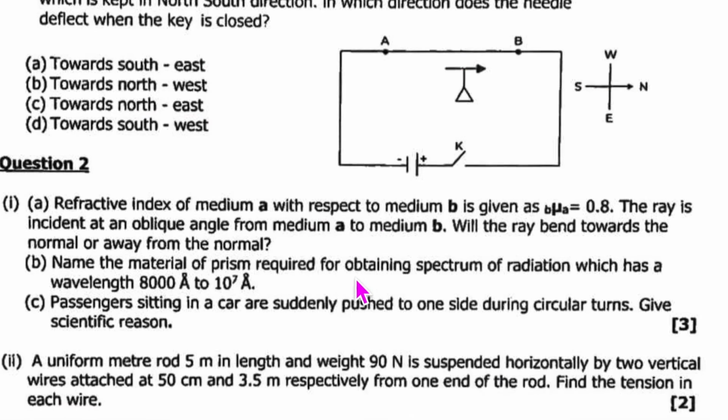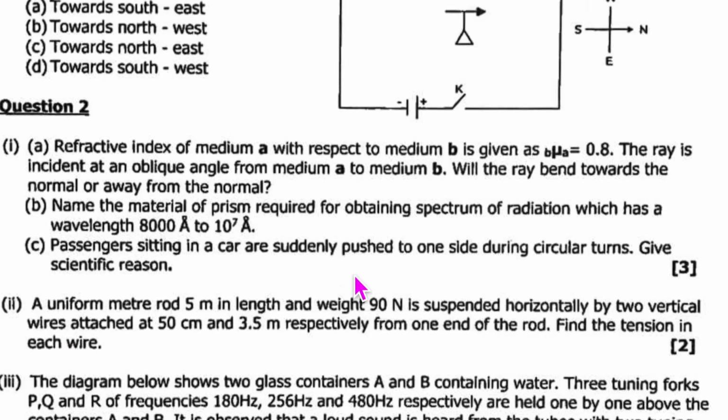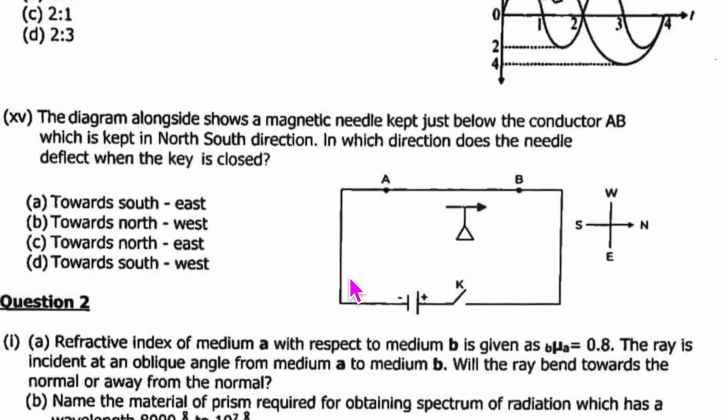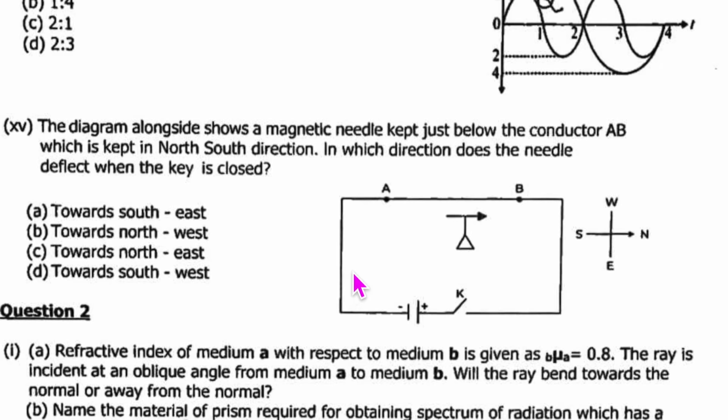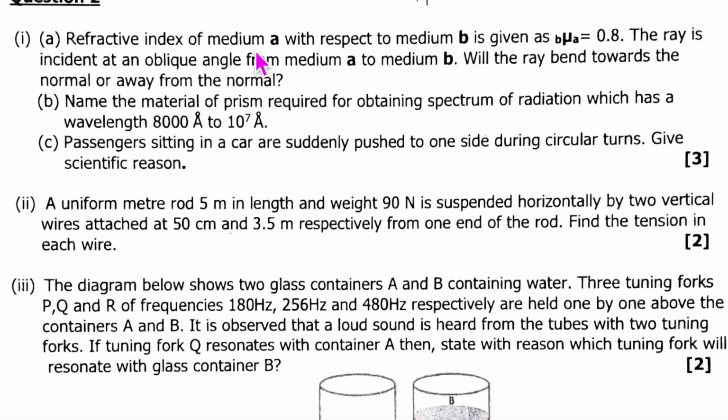So we finished our question number 1, and question number 2 onwards we will do next time. Number 1, the refractive index of a medium A with respect to medium B, B mu A, is 0.8. So question number 2, first part we will say B mu A, and that is 0.8.